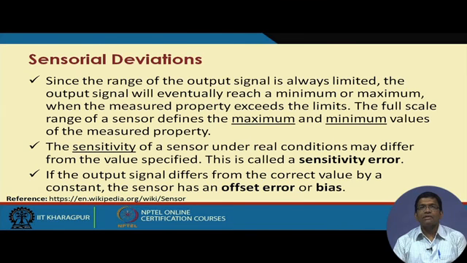In the actual specification, it might be supposed to give certain values, but in real conditions it might be sensitive to certain things. So, this becomes the sensitivity error, and there will be some error due to that, and that sensitivity error can change over time, and that is different from the offset error, which is constant over time.